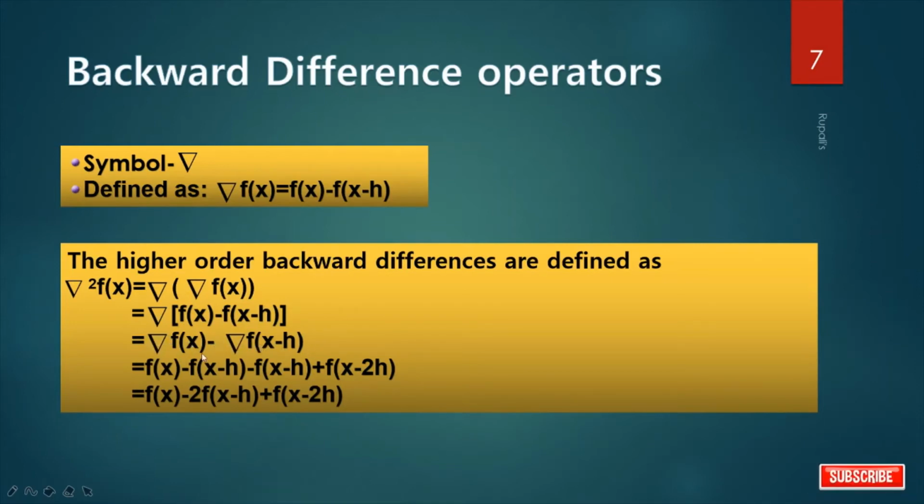And what is the value of nabla f(x)? From the formula it is f(x) minus f(x minus h). And what is the value of nabla f(x minus h)? In place of x you have to write x minus h. So we get minus f(x minus h) plus f(x minus 2h). After calculation the result is f(x) minus 2f(x minus h) plus f(x minus 2h).